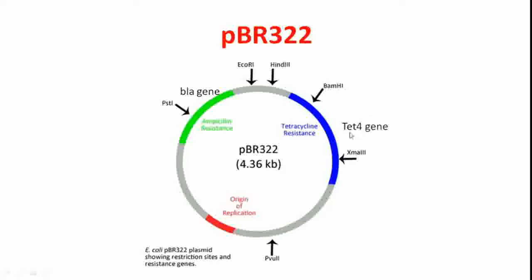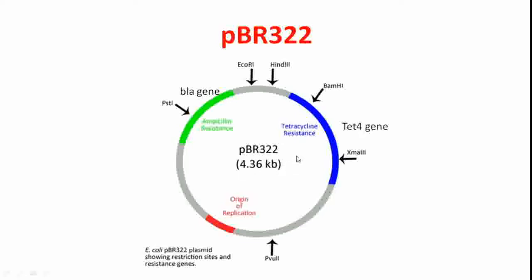Another is the tet gene, where tet means tetracycline, and this region has a gene which gives resistance against the antibiotic tetracycline. These two genes are the characteristic feature of pBR322, and hence they are called selective markers. Two selective markers are present.